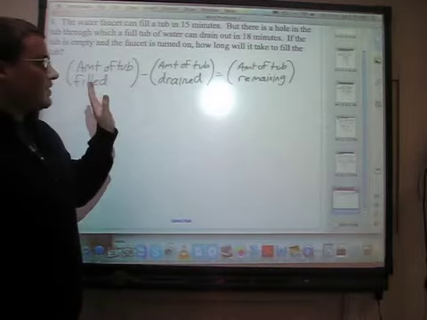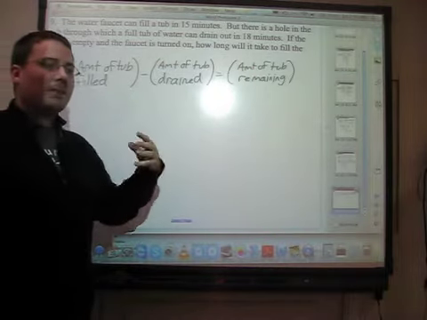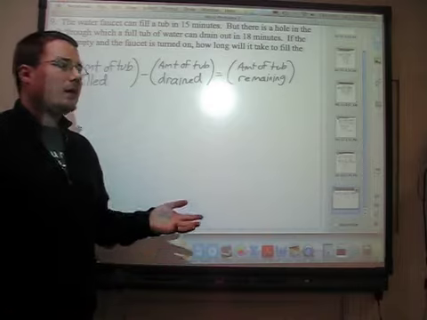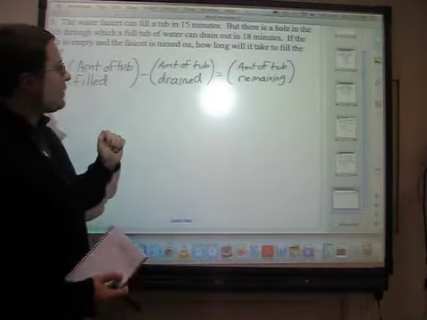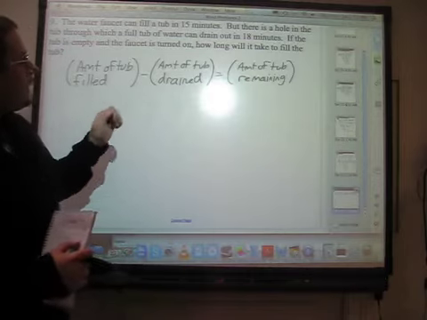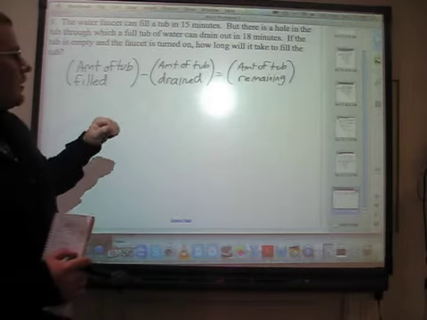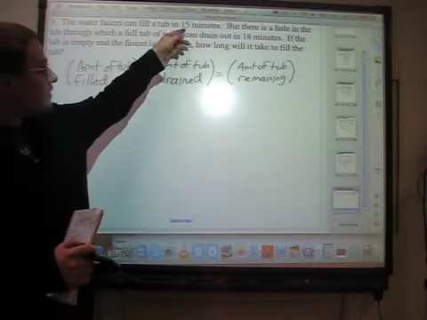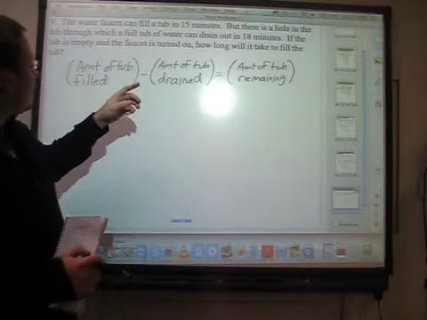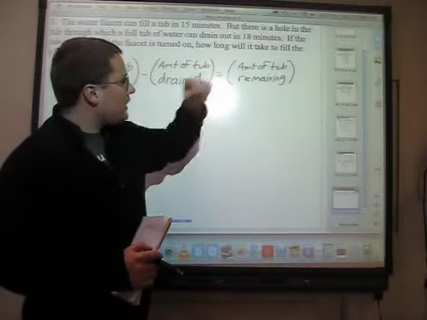Now, this should be a common sense equation. It might not be common sense for it to pop in, but it should accurately model the situation. Now, we need to choose a variable that will fit into this picture. Well, the amount of tub filled is probably going to have to do something with 15 minutes. The amount of tub drained is probably going to have to do something with 18 minutes.